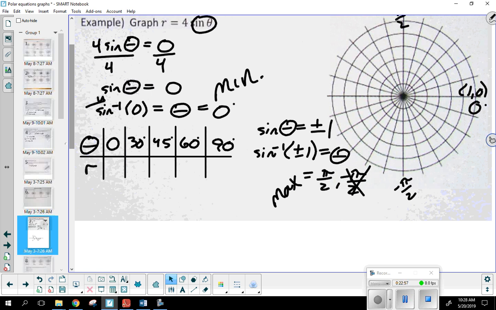So, for example, the radius is going to be 4 times sine of 0. The radius is going to be 4 times the sine of 30. One at a time, you want to plug those in. The only decimals we should be getting are for 45 and 60. Okay, so let's see what you guys remember. Let me give you a few seconds to do that.